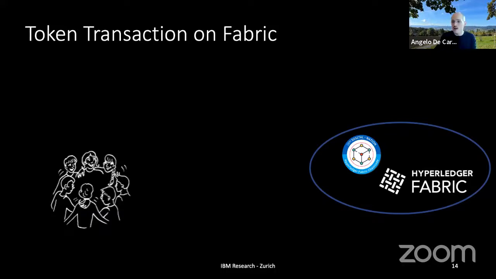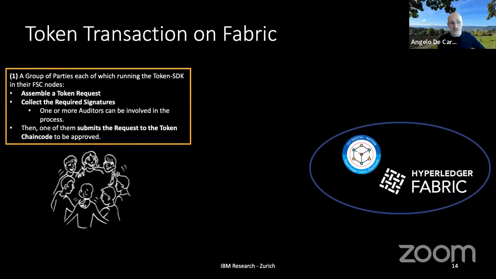On the right-hand side, we have Fabric with a chaincode installed that we call the token chaincode. This token chaincode creates the namespace in Fabric to store all the tokens that the system manipulates over time.